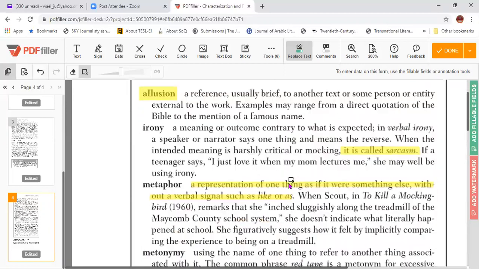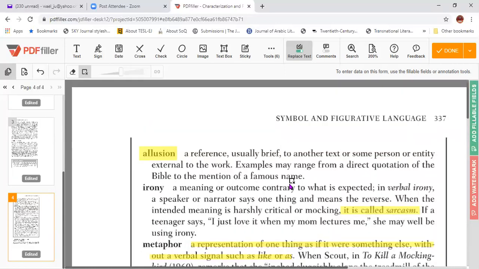And the second one is the first person narrator. The first person narrator is when we use the pronoun I, okay? And most of the time, the narrator is a character in the story. In the third person, the narrator is not a character, but in the first person, the narrator is a character in the story, and he tends to be biased, and he has to tell the story from his or her point of view. And that's why sometimes the first person narrator is an unreliable narrator.